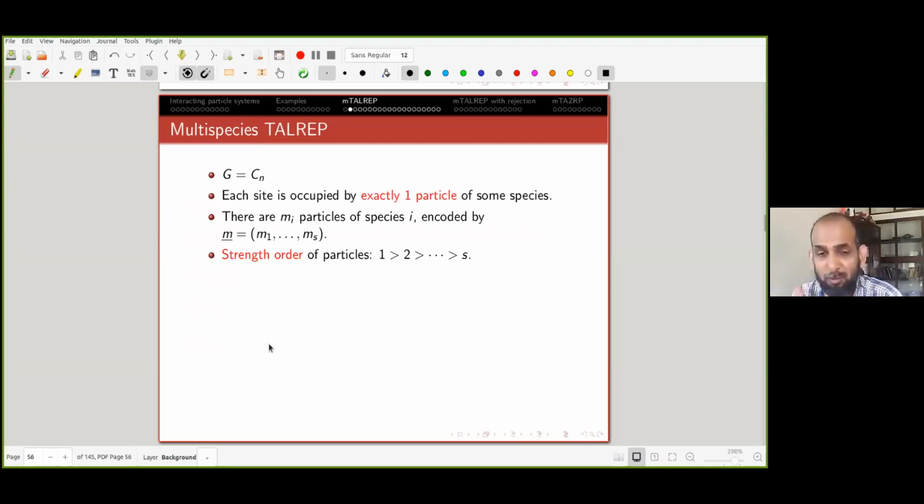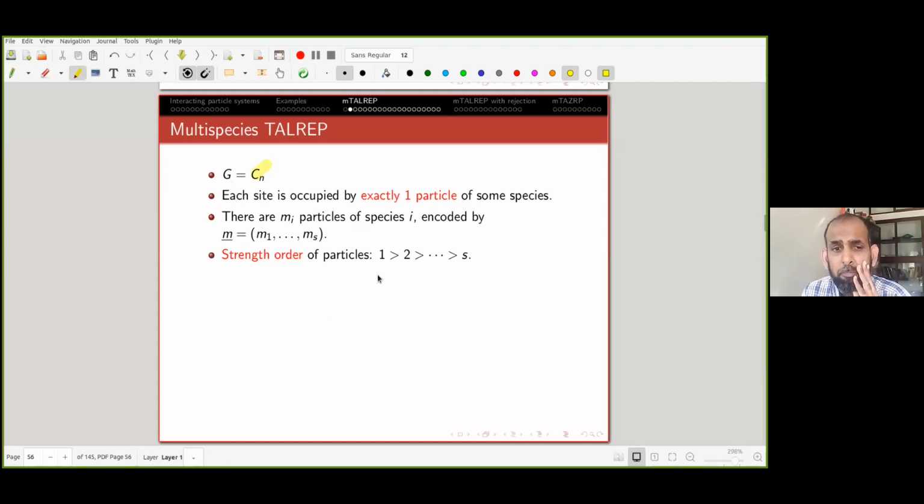So I want to now focus on this multi-species version of the totally asymmetric long-range exclusion process. Here the graph is C_n. Each site has exactly one particle of some species. Now there are many species of particles, and there are m_i particles of species i, so that n is the sum of these.